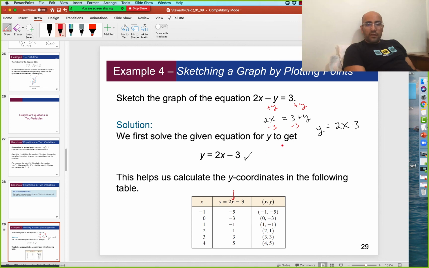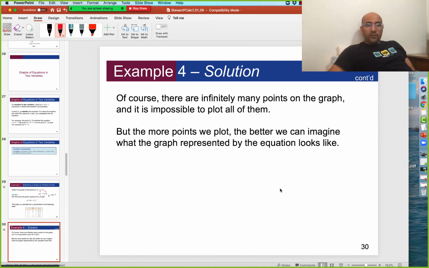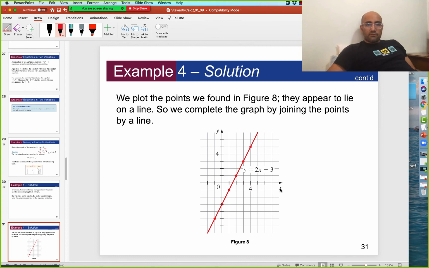When you have it in this form and you've solved for y, we can just plug in different values of x and get the resulting value of y. That gives us ordered pairs. We've worked with these before. Then we can take all those ordered pairs and create a graph for all of them. Here is a nice graphical description of all the ordered pairs that solve our linear equation.